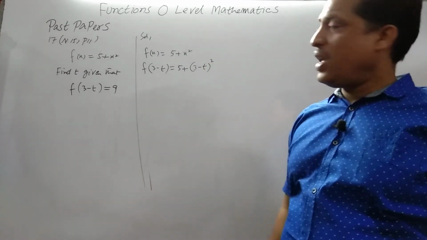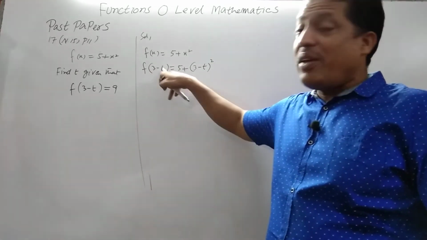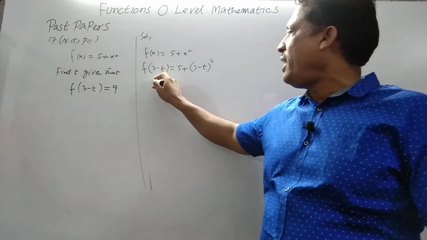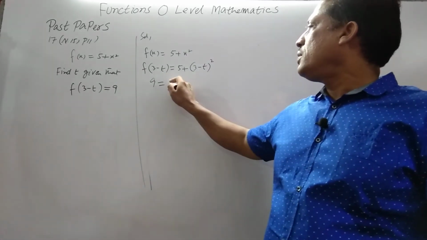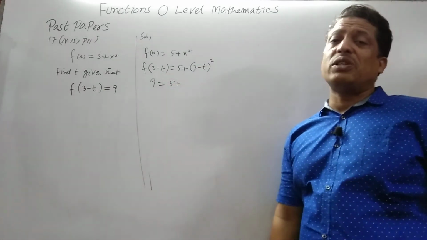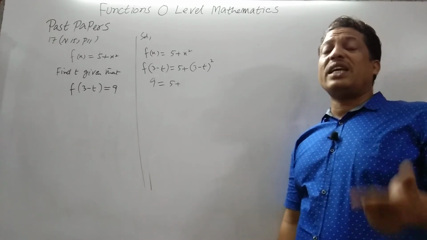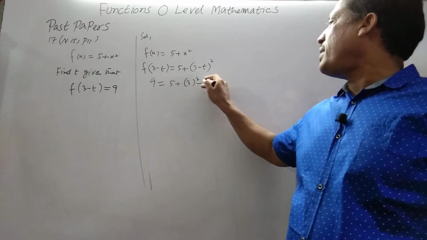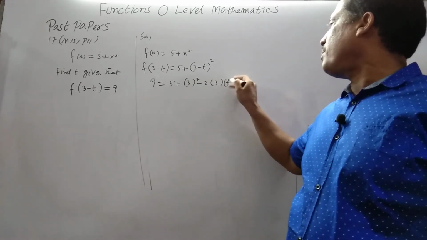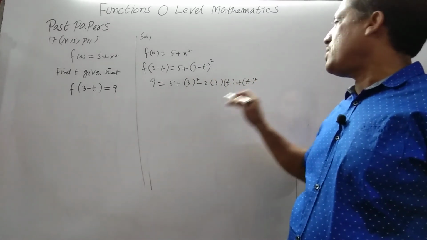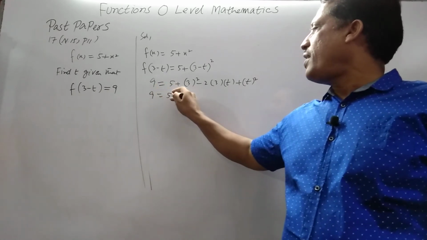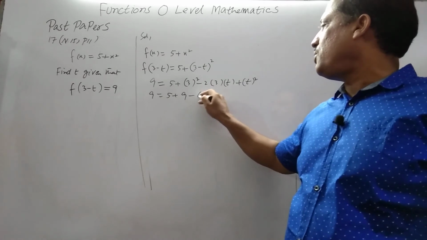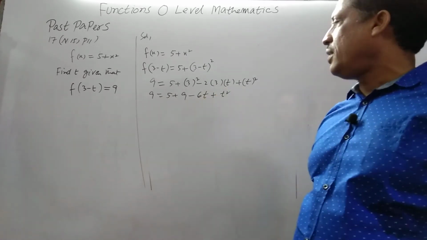And the value of f of (3 minus t) is 9, so we replace f of (3 minus t) by 9. This is 5. (3 minus t) whole square we expand by using the (a minus b) whole square formula. The formula is a square minus 2ab plus b square. So 9 equals 5 plus 3 square, which is 9, minus 2 into 3, 6, 6 into t, 6t, plus t square.